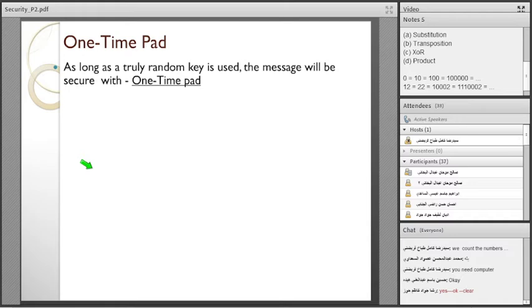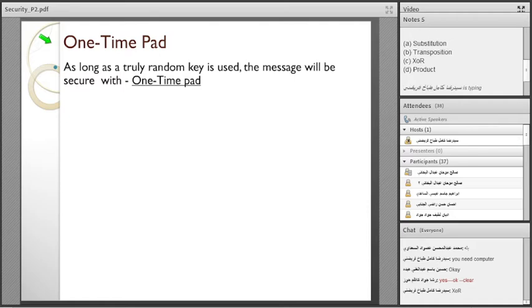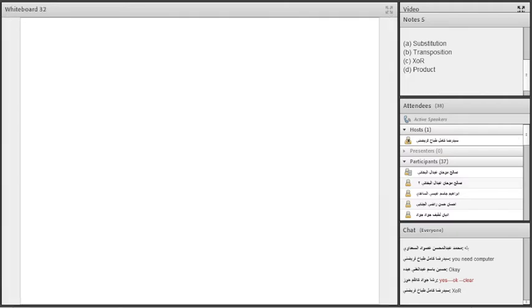Okay, the next methods are the methods that use XOR, and an example for these methods is one-time pad. In this method, the first thing you should do, let me go back to the board. For example, you have characters. I use Ali because it's easy.